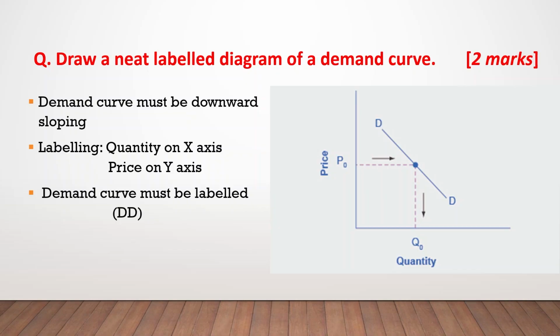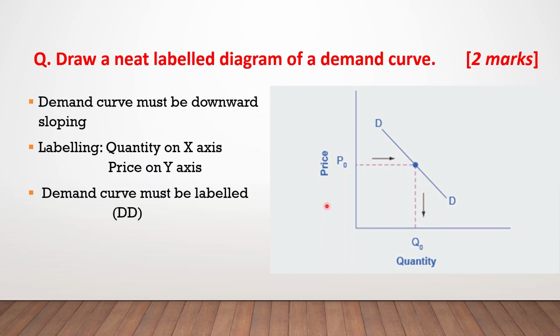Let's discuss this question. Now, I picked this question because I want to bring to your notice how important accuracy is in the diagrams. If you notice, the board question is: draw a neat labeled diagram of a demand curve. So the board is expecting you to draw the correct direction of the curve.